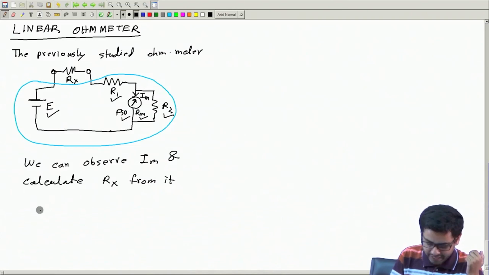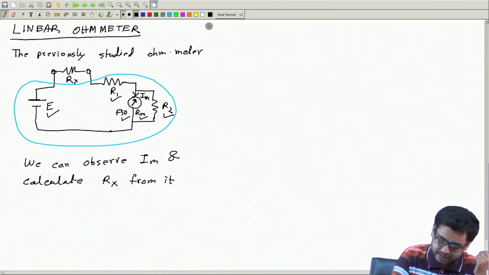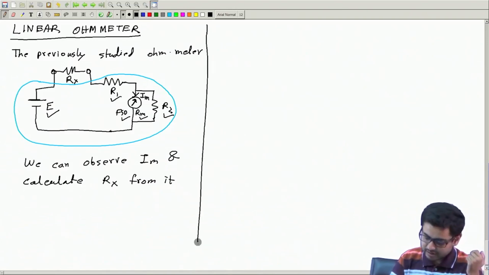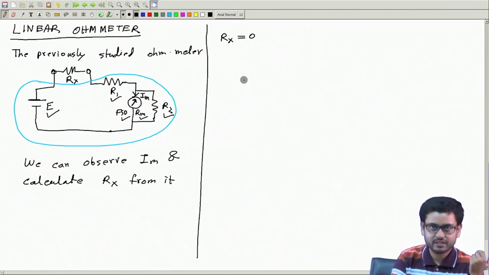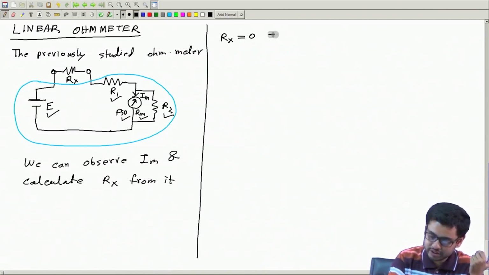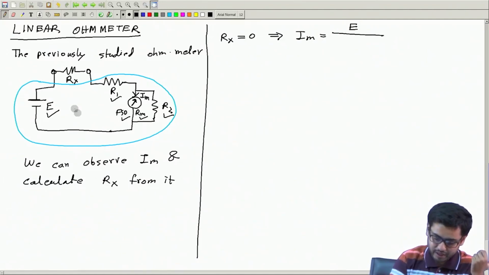Let's see what the current is if Rx is equal to 0. If Rx is equal to 0, the meter current is equal to E divided by all these resistances.